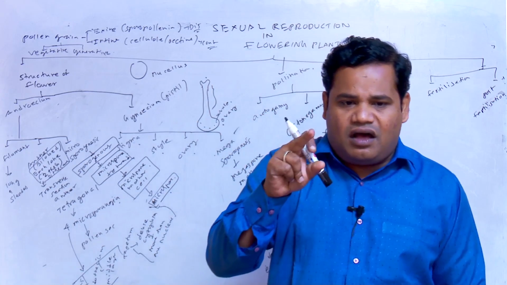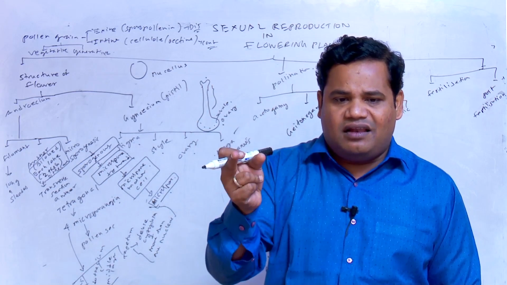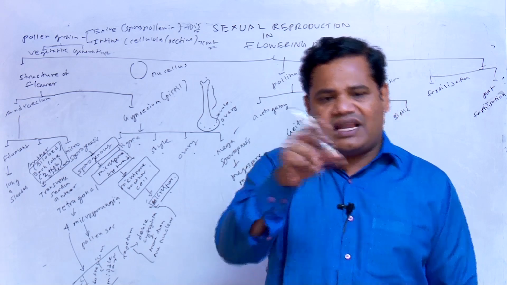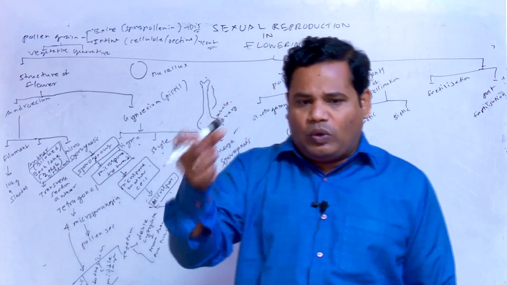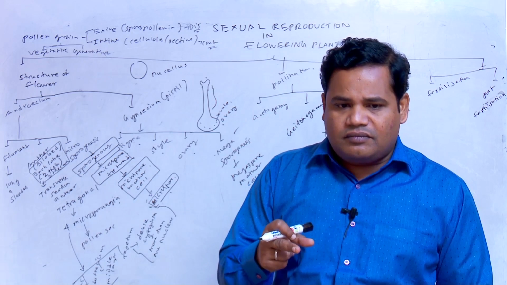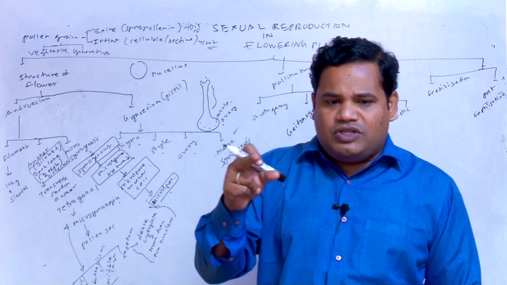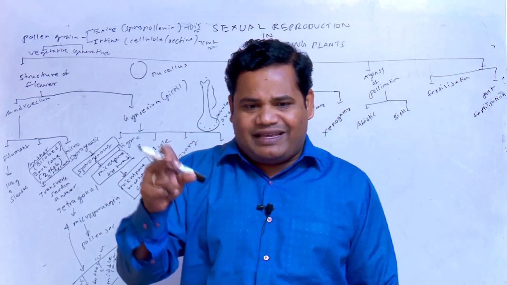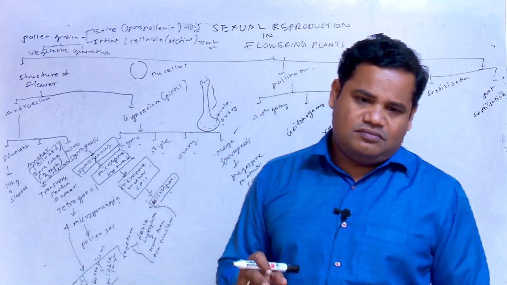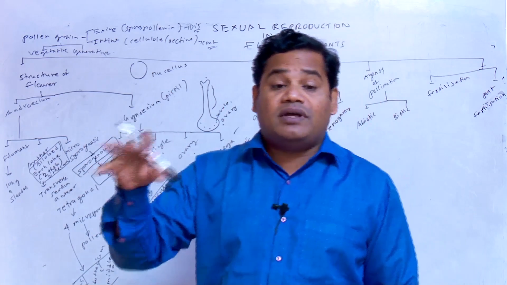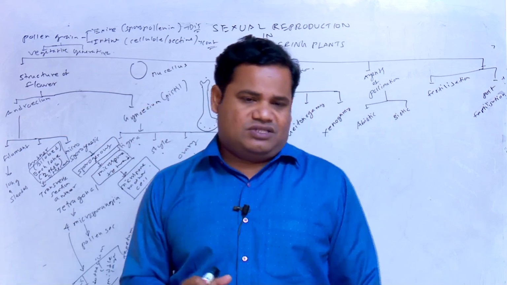Three cells at the chalazal end are called antipodals. The large central cell has 2 polar nuclei. The typical mature angiosperm embryo sac is 8 nucleate and 7 celled. So that's all about the embryo sac description.